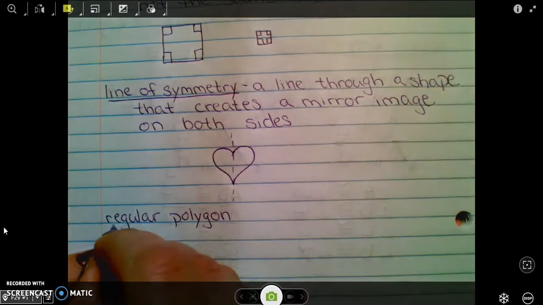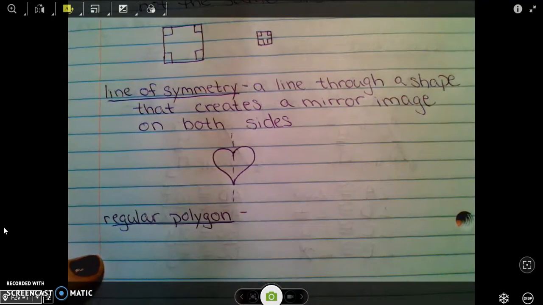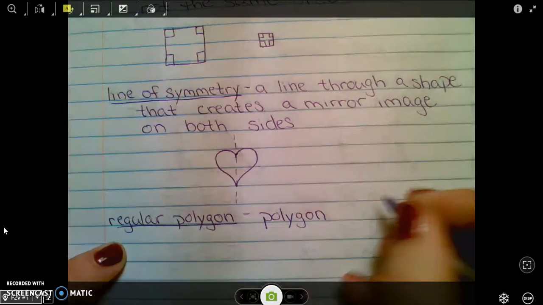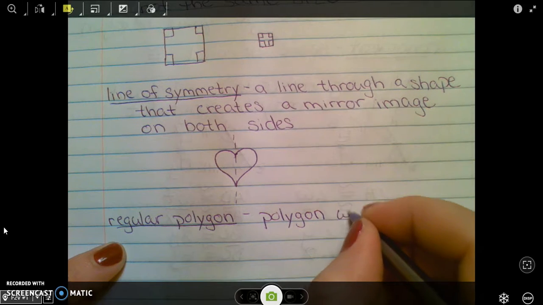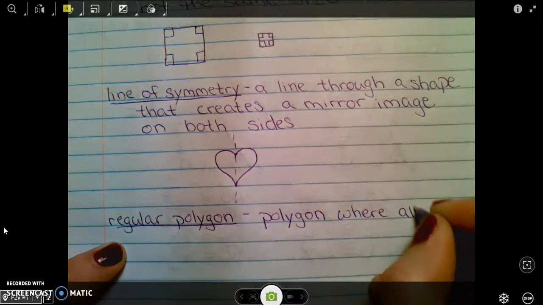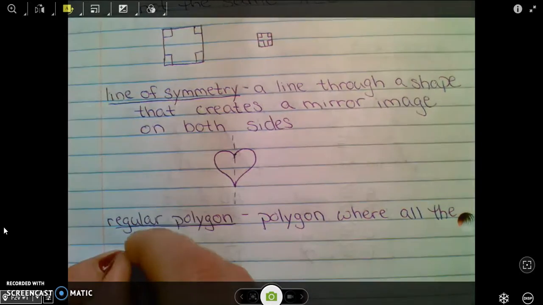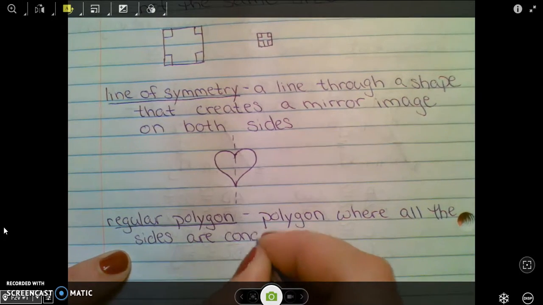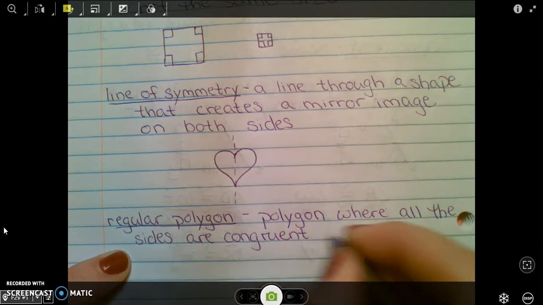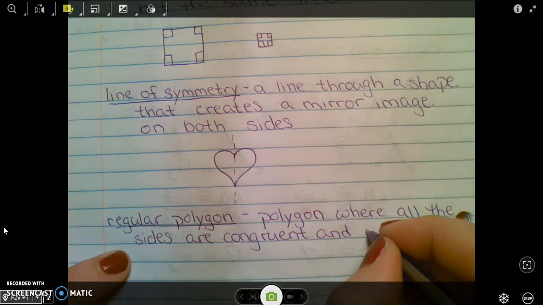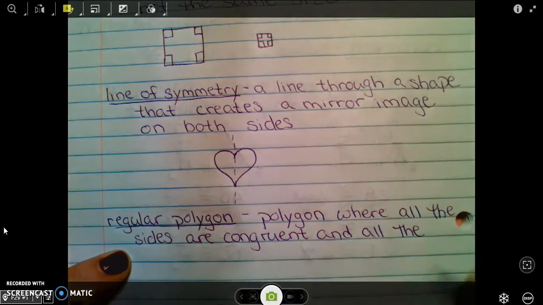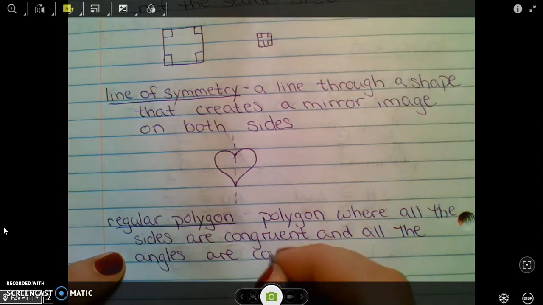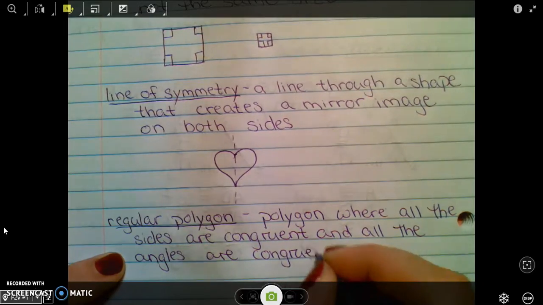So a regular polygon is a polygon where all the sides are congruent to one another, and all the angles are congruent to one another as well.